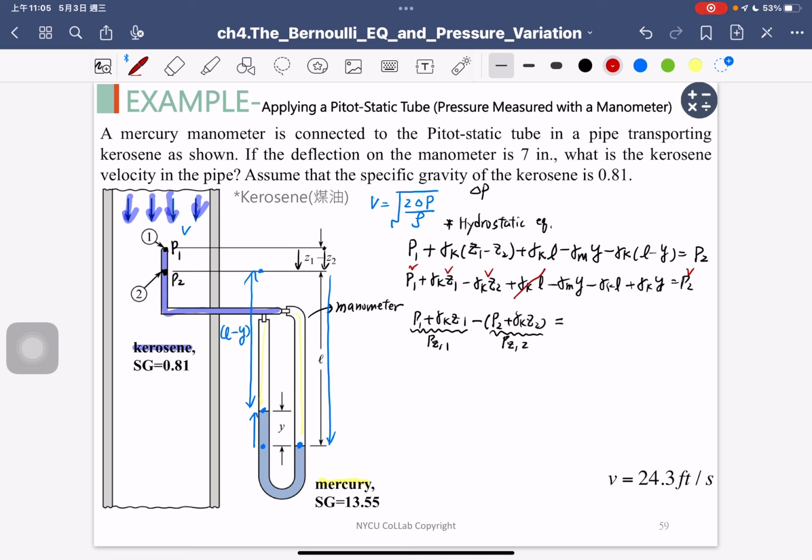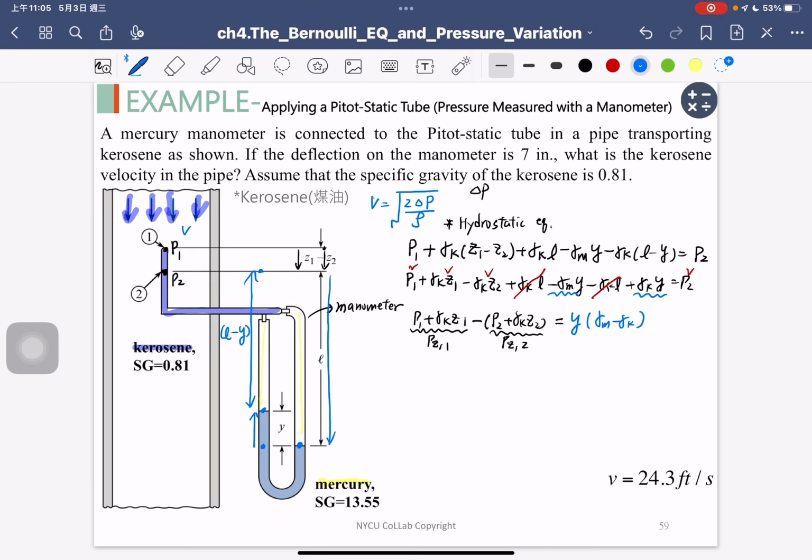So we only have the two items on the right-hand side, this one and this one. I move them to the right-hand side, so that will equal y. I keep the same parameter outside, and the inside is equal to gamma n minus gamma k, right?